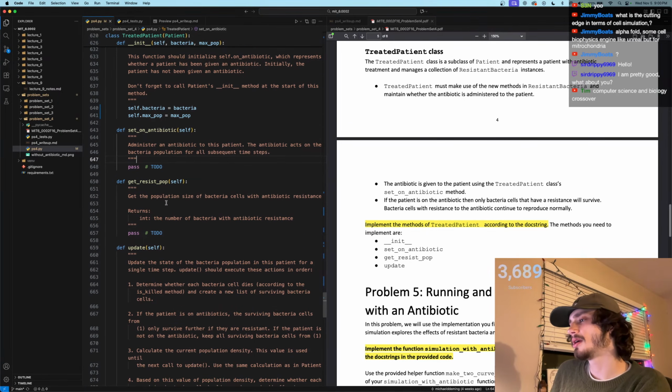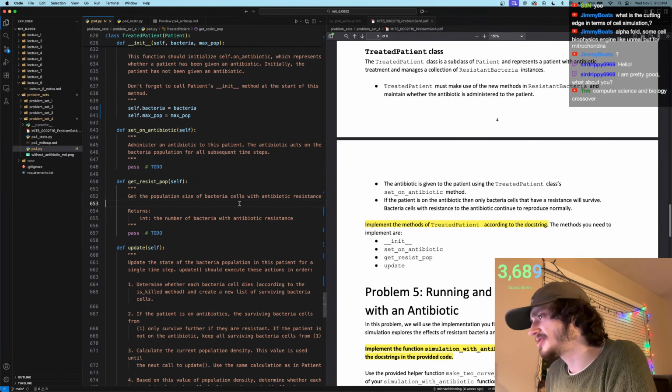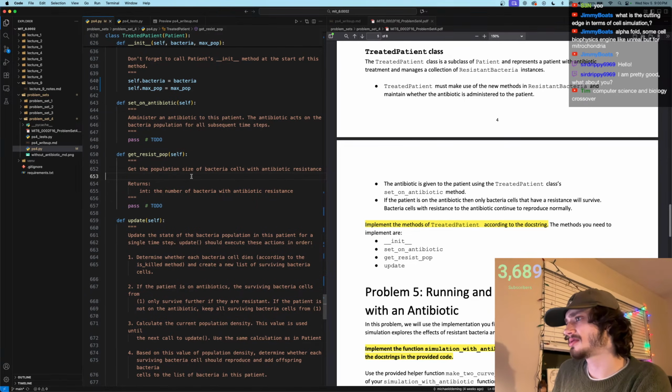Get the population size of bacteria cells with antibiotic resistance. Returns int, the number of bacteria with antibiotic resistance.